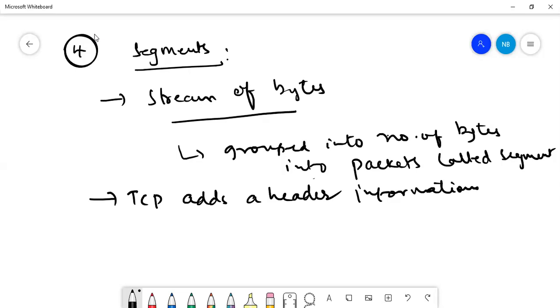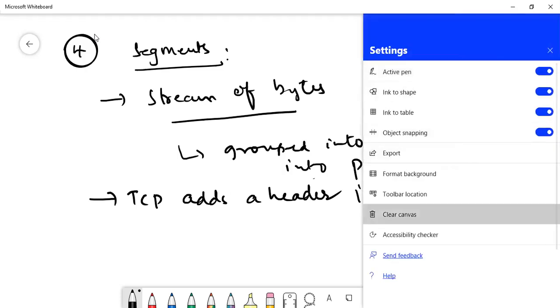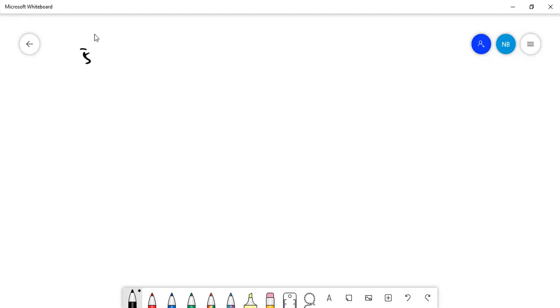So this is the fourth service. Next comes the fifth service. What is the fifth service? Fifth service is full duplex communication.